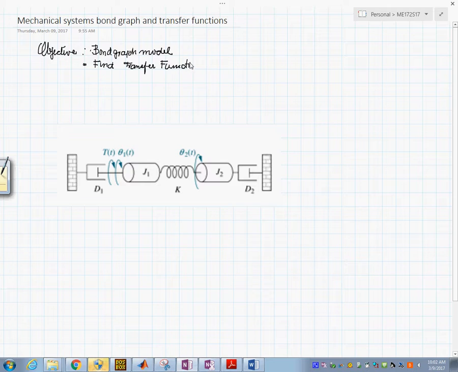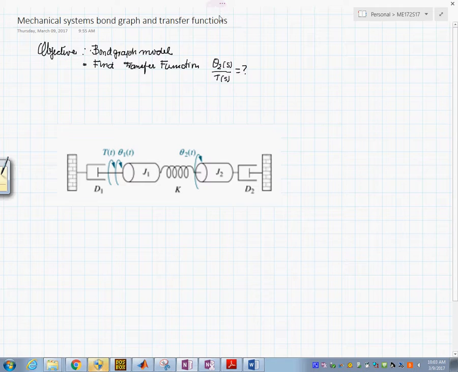And this transfer function is theta 2, the output in here, as it relates to the input torque, which is T of s. This is what we want.